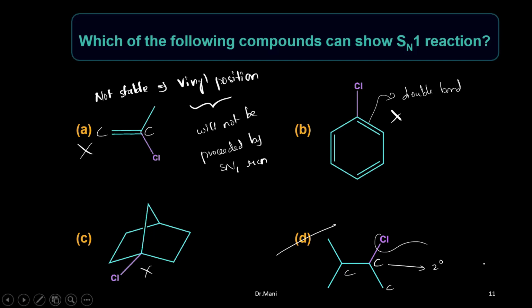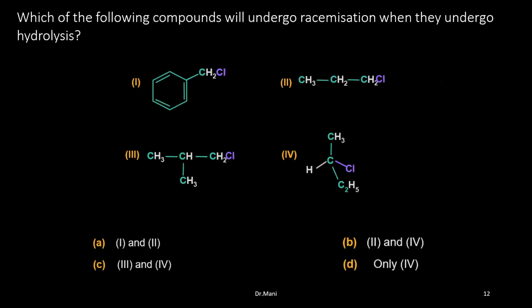And a secondary carbon, we know, is good. What is the order? 3° is greater than 2°, 2° is greater than 1°. So it can form the carbocation and proceed with the SN1 reaction. So my option is D. So try this.